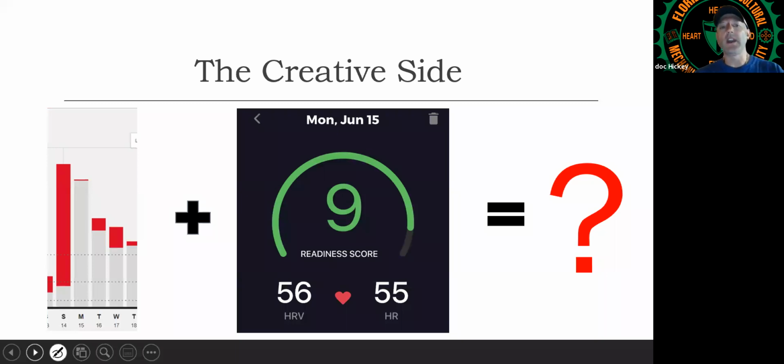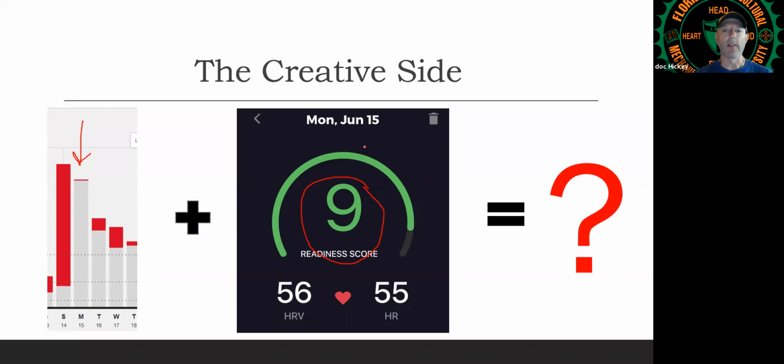Looking at our neurological side. On Monday morning, I wake up, I know that I have this from my Polar data, and then I check my HRV. My HRV tells me that I have a readiness score of 9. Remember, HRV addresses the neurological readiness.